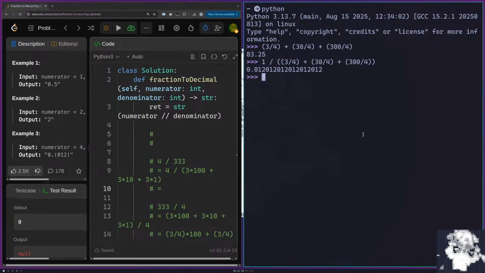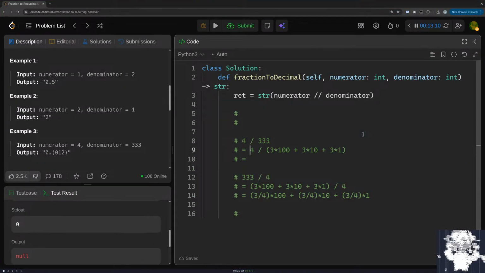Oh, I can distribute the 4 like this. Okay, so I can say that this is equal to 1 over 3 over 4, 3 over 4, 3 over 4.